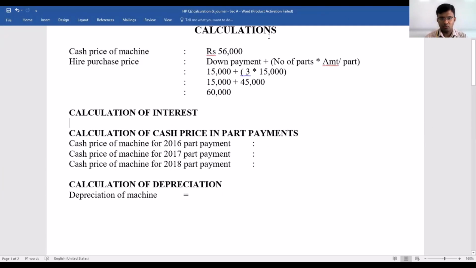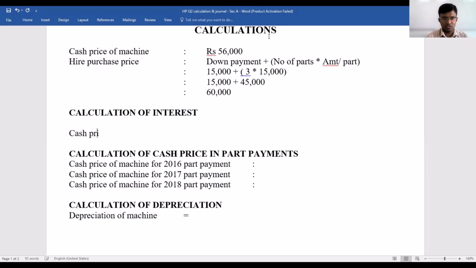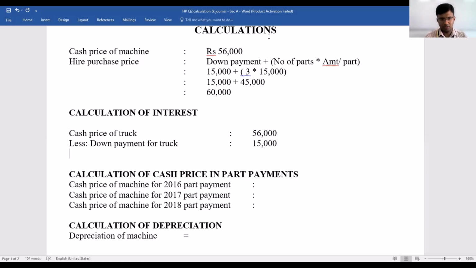Now let's move on with the calculation of the interest. For calculation of interest, we start off with cash price of the truck. So cash price of the truck is 56,000. From this, we will have to subtract the down payment for the truck. So down payment for the truck is 15,000.